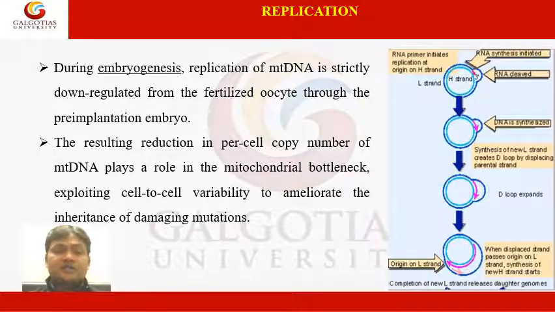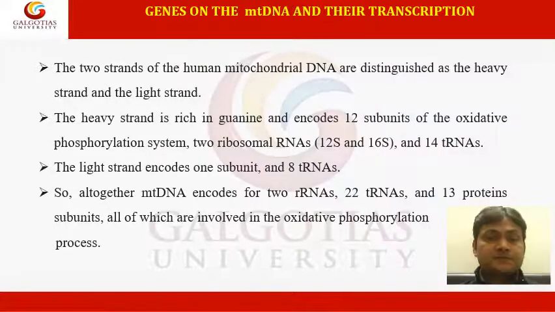The resulting reduction in the per cell copy number of the mitochondrial DNA plays an important role in the mitochondrial bottleneck and exploits cell-to-cell variability to ameliorate the inheritance of damaging mutations. So in this picture you can see the different steps during replication in the case of the organelle genome.